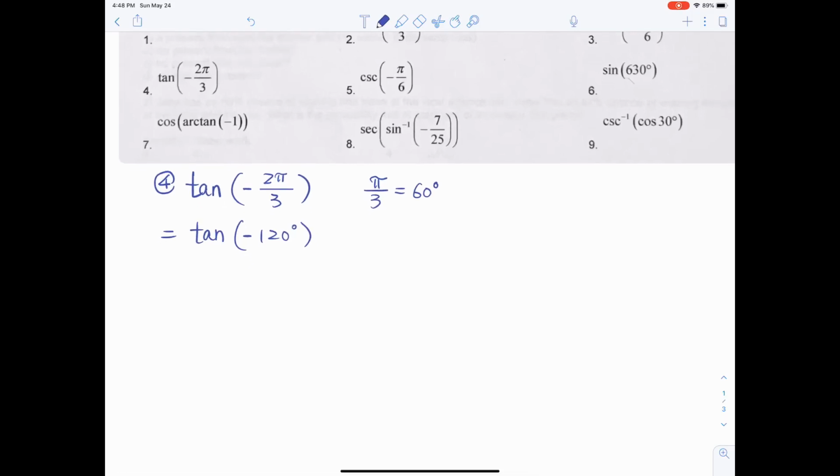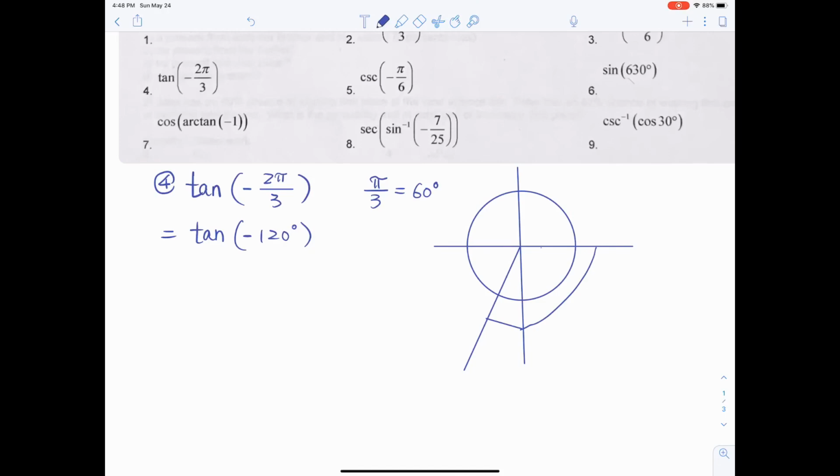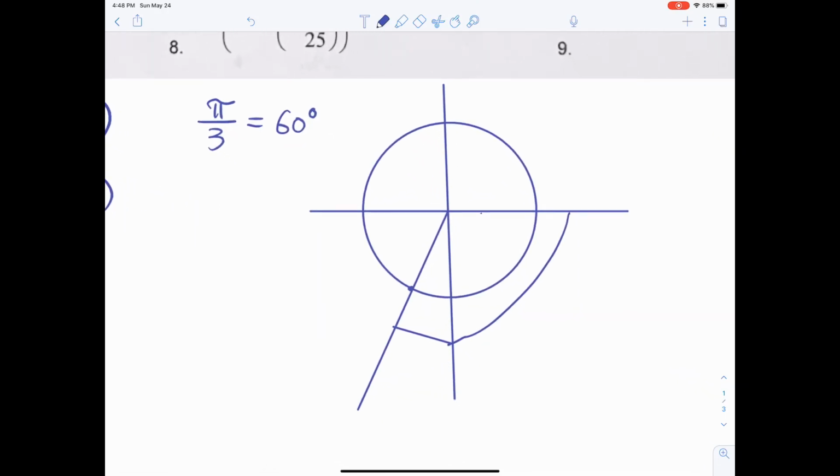Now we go to our unit circle. Find negative 120 degrees. Negative 90 degrees and 30 degrees more is 120 degrees. So this point. We need to figure out the coordinate of this place.